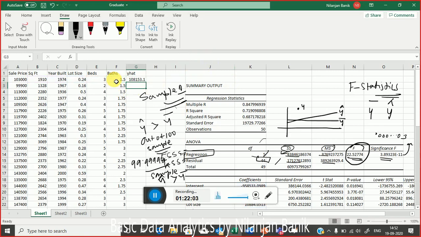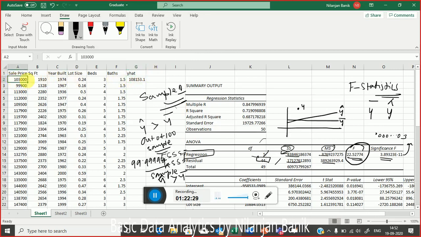So basically what is this saying? Suppose in the greater Noida region I have collected a sample for these 50 houses, where going by my sample, the cost of the first house should be 1081. This is the actual price.